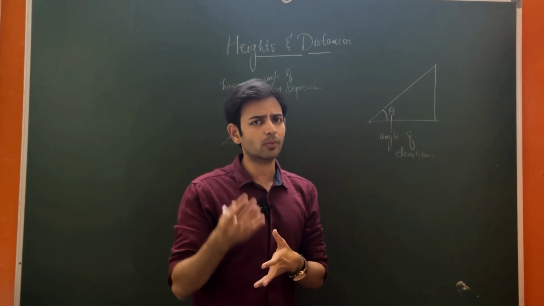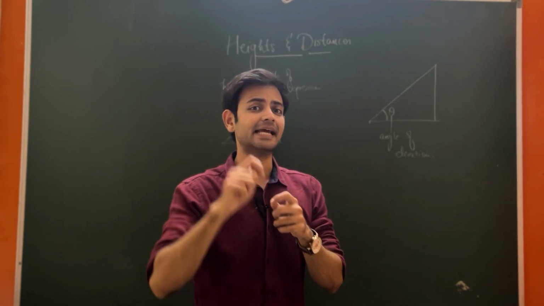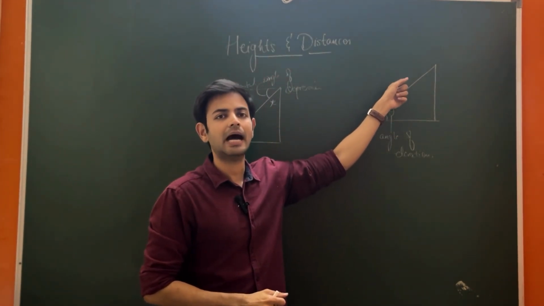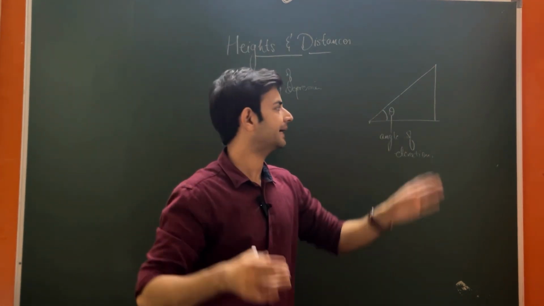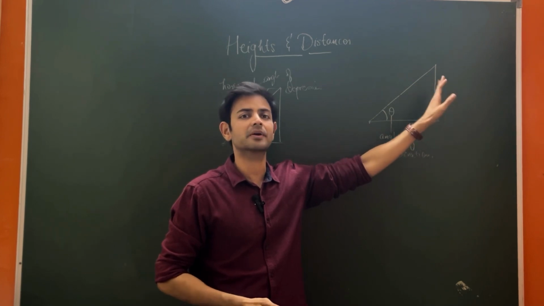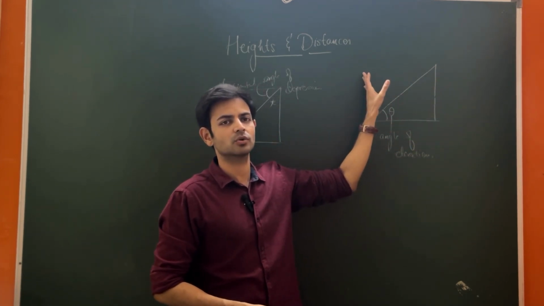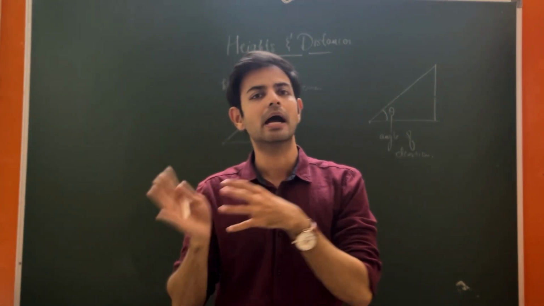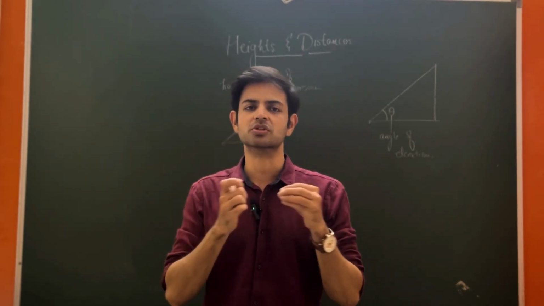Depending on the question, for example, if somebody is flying a kite and the length of the string is given, we are dealing with hypotenuse. And if it is asked what is the height of the kite, then we go for sine theta because this part is unknown, this part is known. So this is how, based on what is given to you and what you are supposed to find out, you can use sine, cos or tan here.